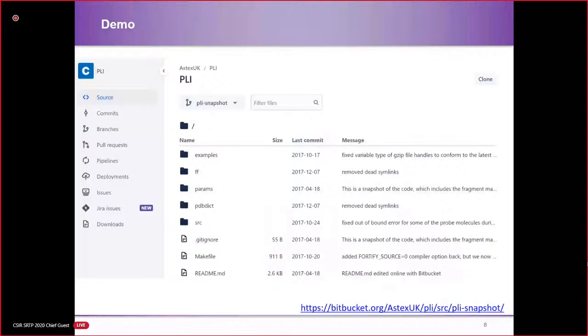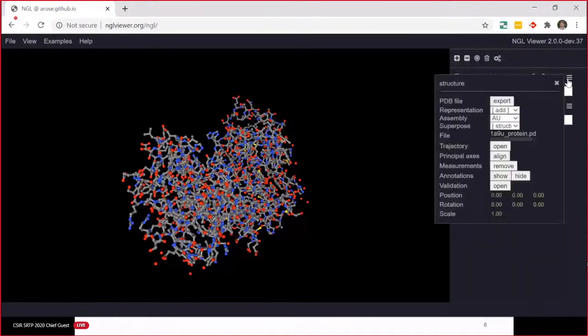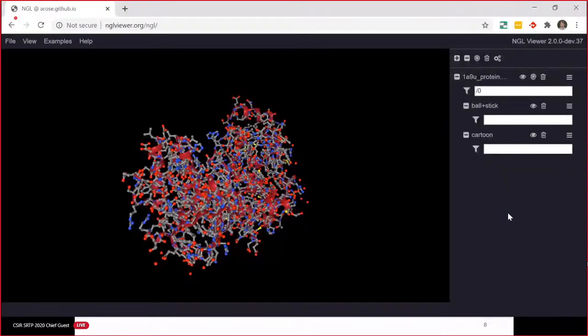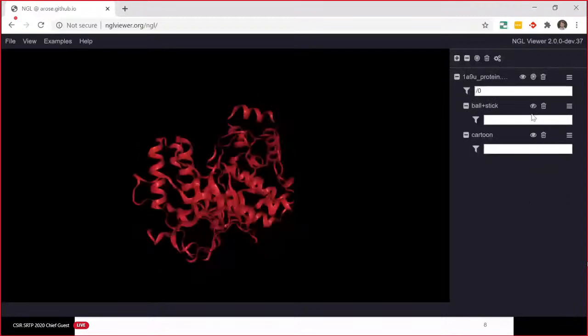So first I will show you the protein ligand complex. So here's an example protein, and let's see that as a cartoon. And then here is an example ligand.